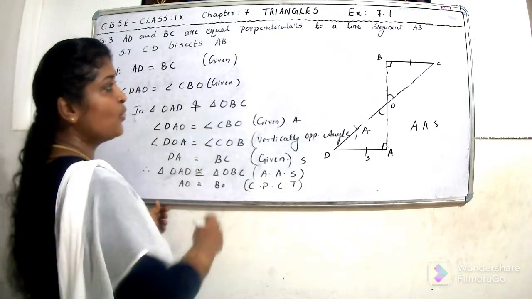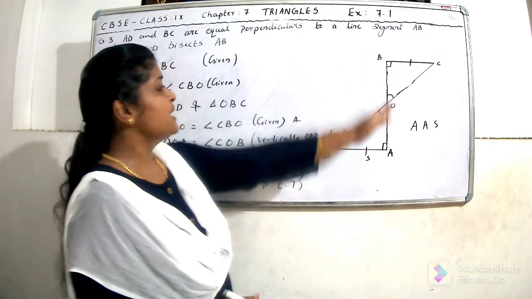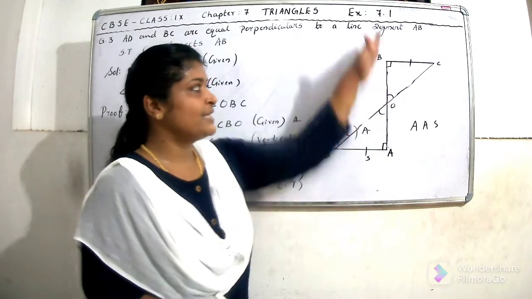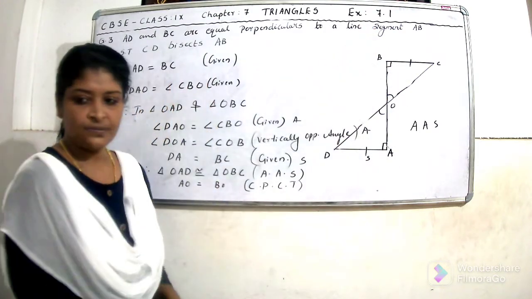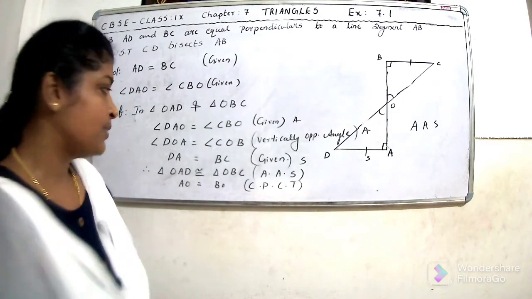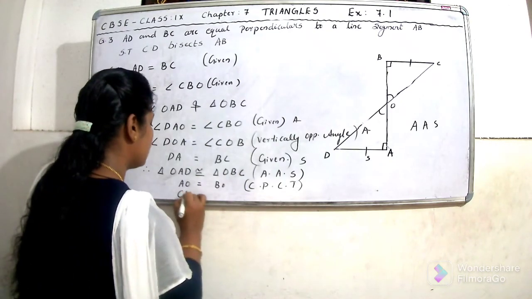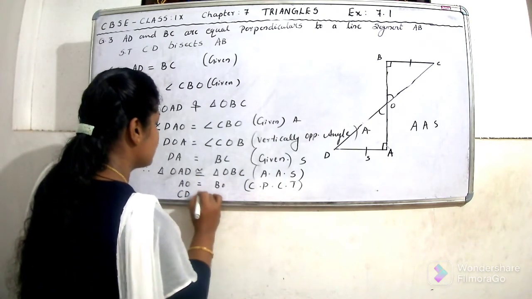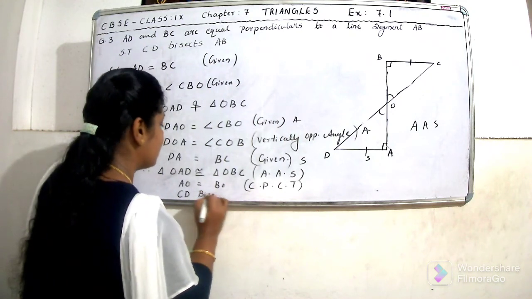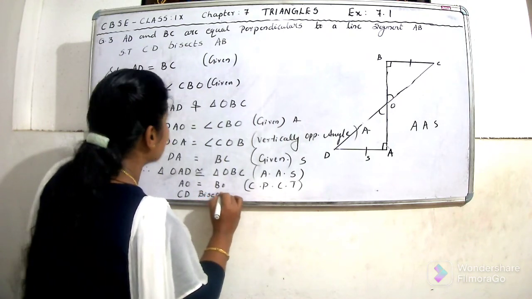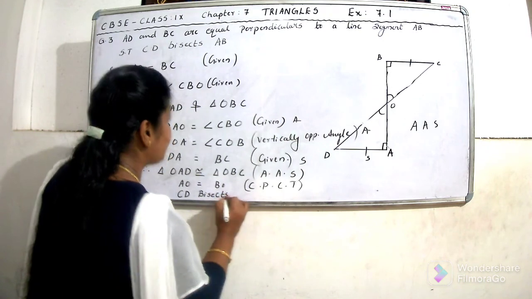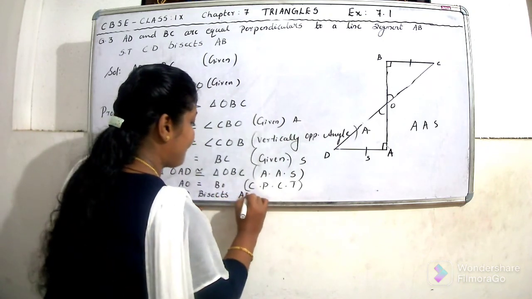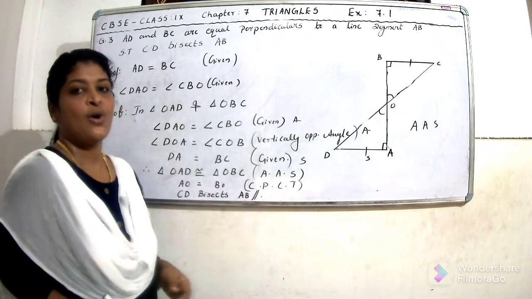So we can say CD is bisecting AB. Okay, so that's all.